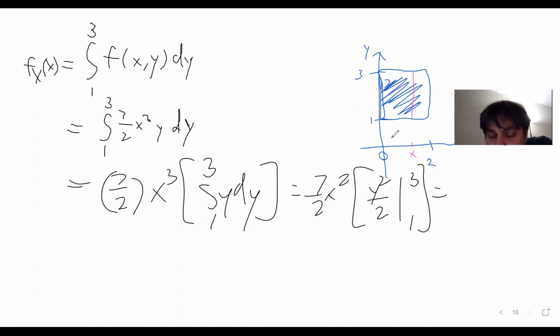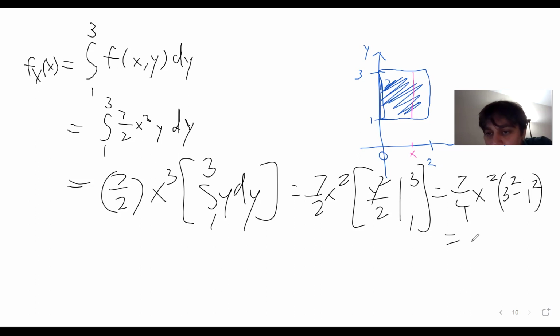And then when you do that, the 1/2 moves out. So you get 7/4 x cubed, and then multiplied by y squared from 1 to 3, that's 3 squared minus 1 squared. And 3 squared minus 1 squared is 9 minus 1, which is 8.